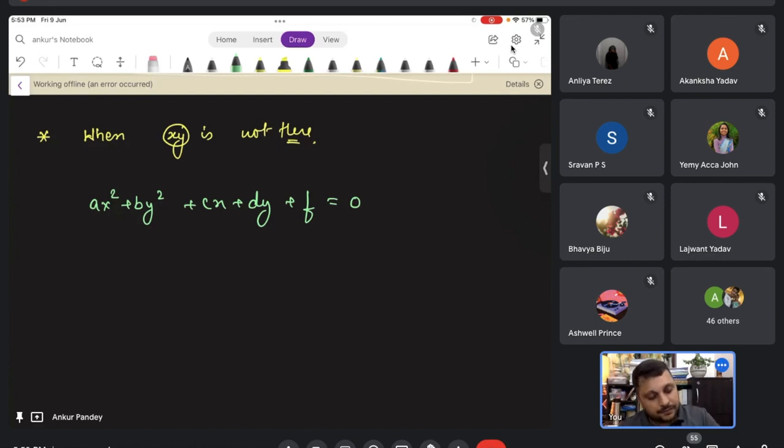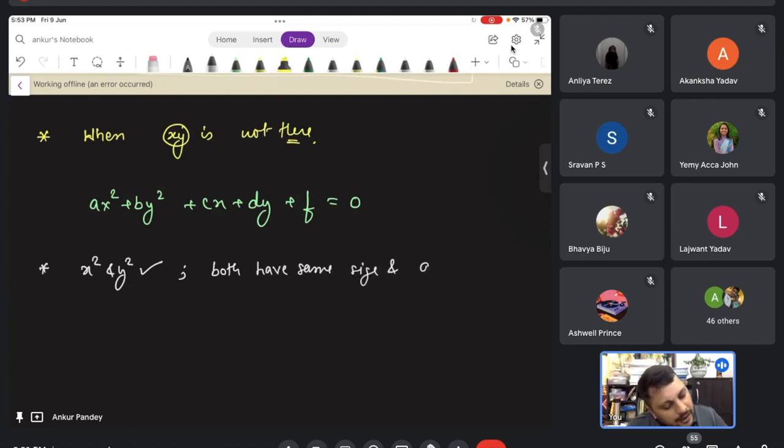Now listen to me. So if x square and y square both are there, both have the same sign and a is equal to b, this implies that the shape is a circle.